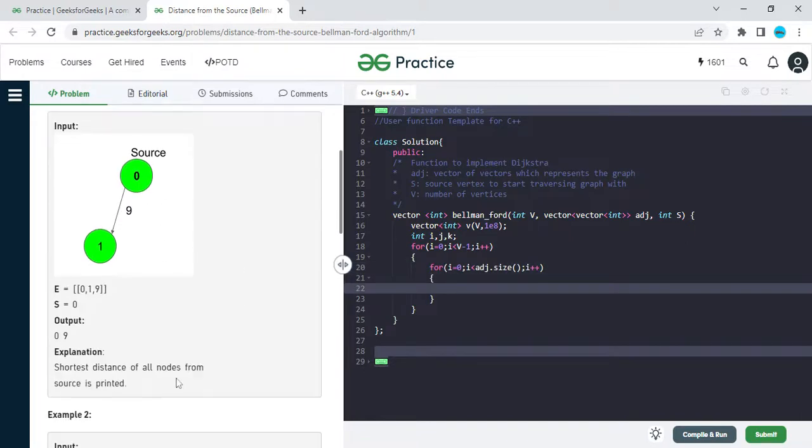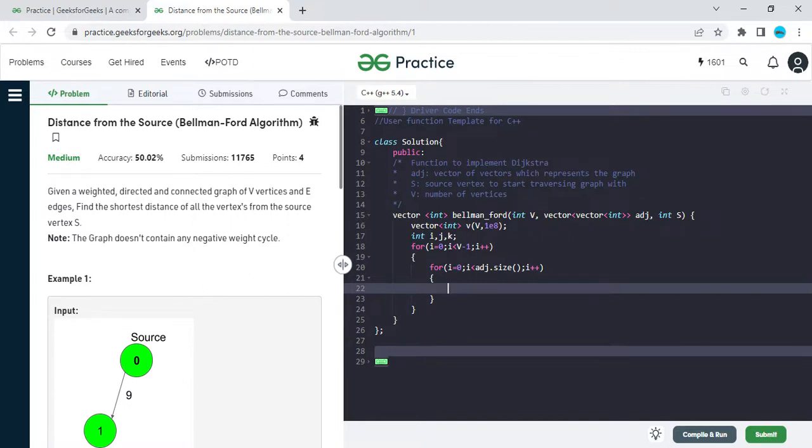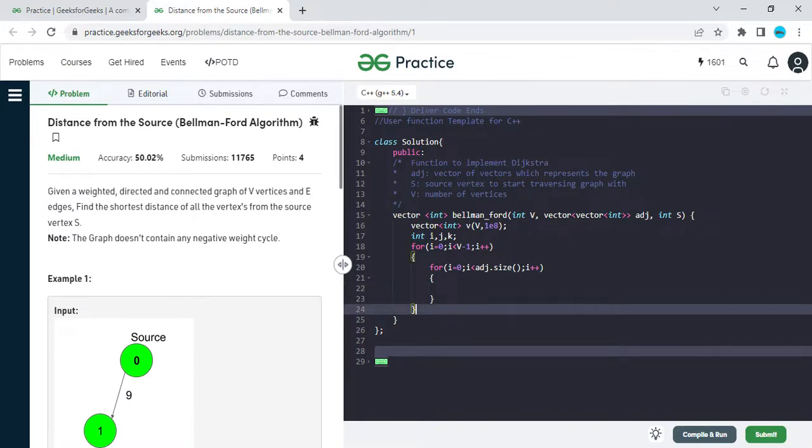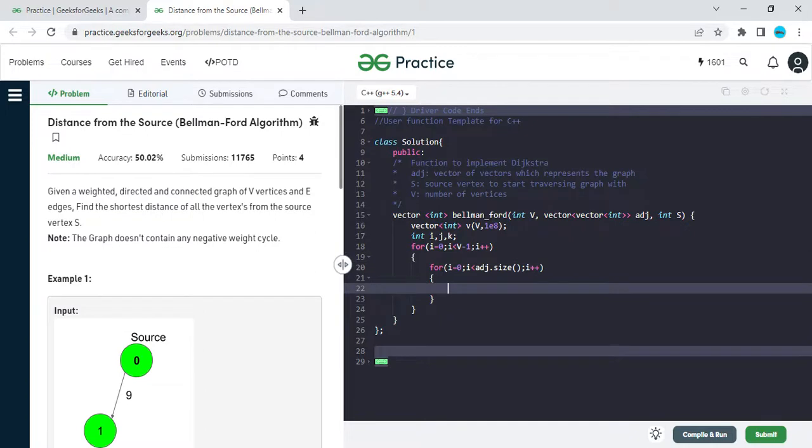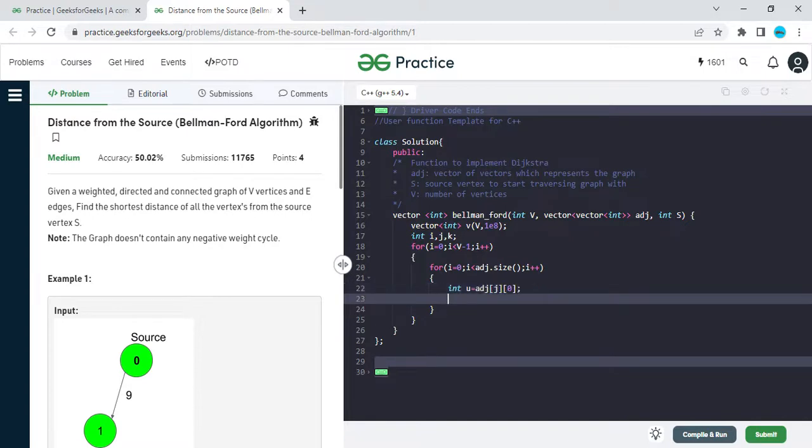Actually, the Bellman-Ford algorithm is dynamic programming. Here the concept of dynamic programming applies. So what I will do here is take a vertex u as adj of j of 0. It is my source, or the starting point of an edge. And V is already there, so I will take it as vi, adj of j of 1.